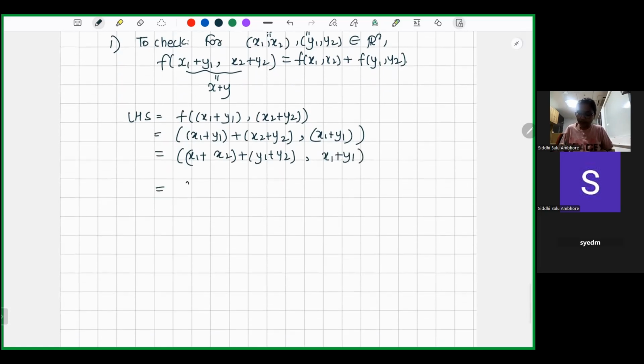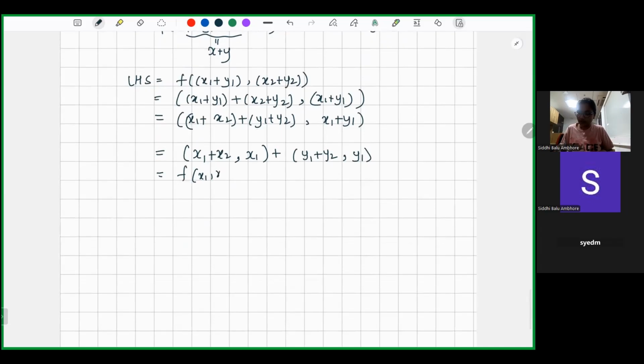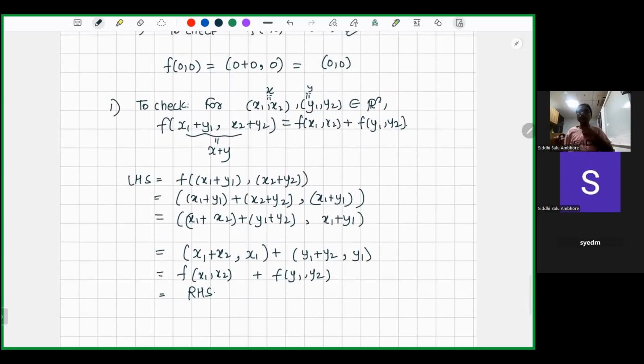If I separate those, I get x1 plus x2 comma x1, plus y1 plus y2 comma y1, and this is my f of x1 comma x2, and this is my f of y1 comma y2, and this is exactly what I wanted. So the first condition, the addition, is satisfied by this map.